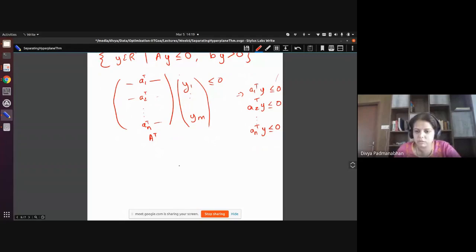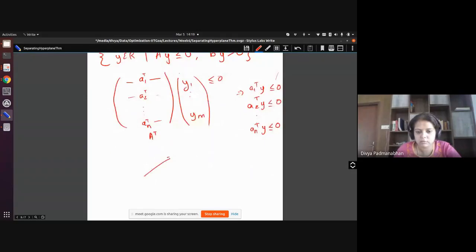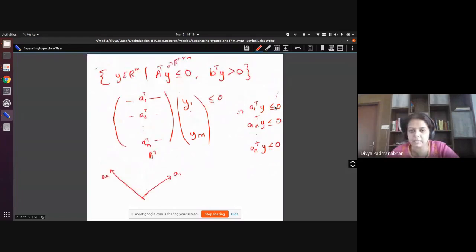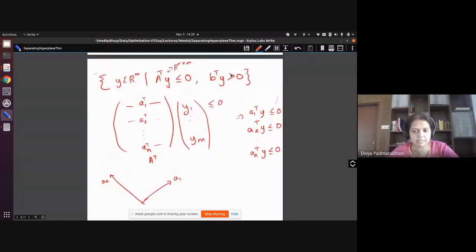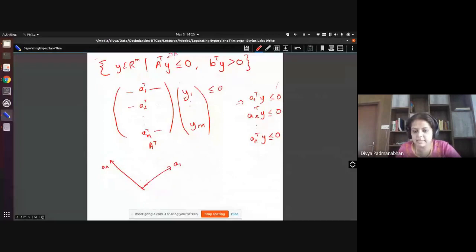So we have the vectors A1 up to AN. Now B transpose Y is greater than 0. So Y gives you a hyperplane where A1 to AN all lie on one side.